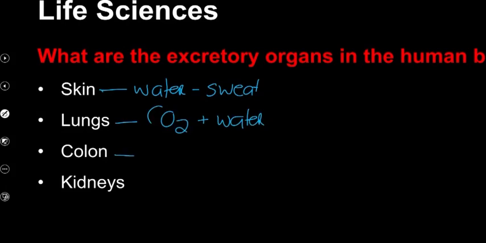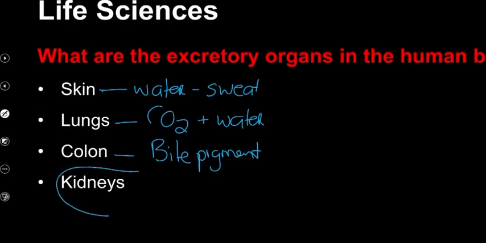Our colon, with the feces that we get rid of, has a little bit of bile pigments. Remember, bile was very necessary in breaking down fats, and that's going to go out of the colon. And then obviously the ones that we are really going to concentrate on now are the kidneys.